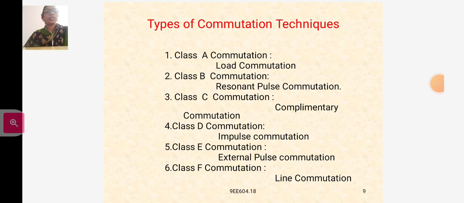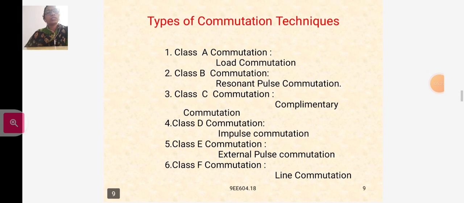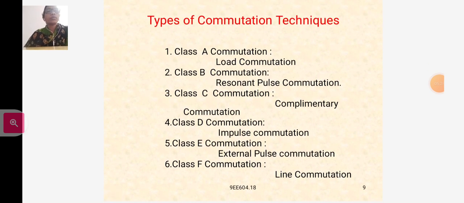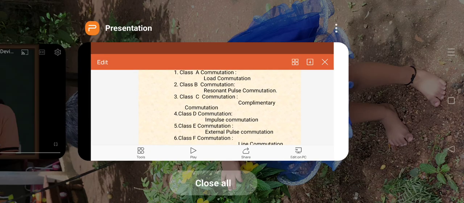Class D is impulse commutation, class E commutation is external pulse commutation, and class F commutation is line commutation. Before going to the discussion about class A commutation, we can watch a YouTube video about commutation.